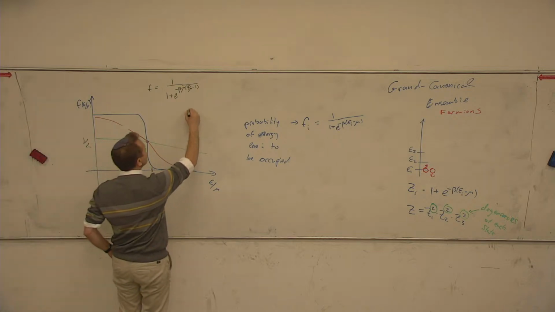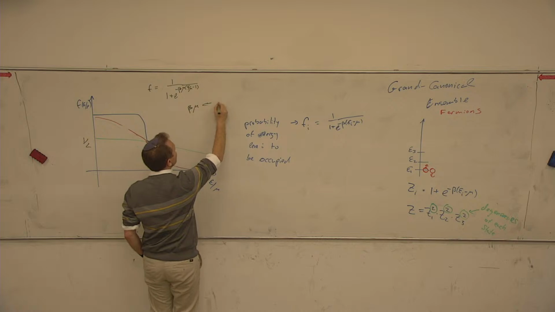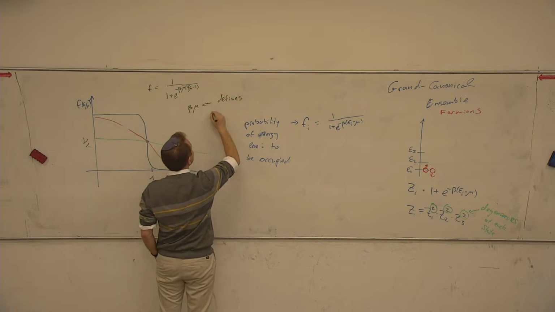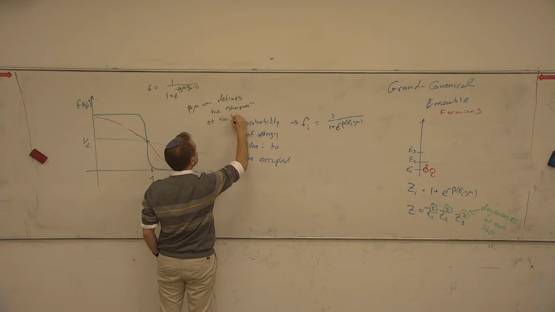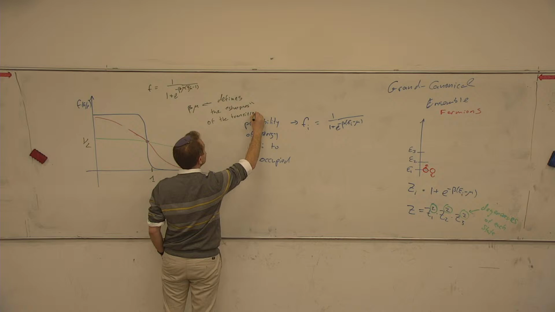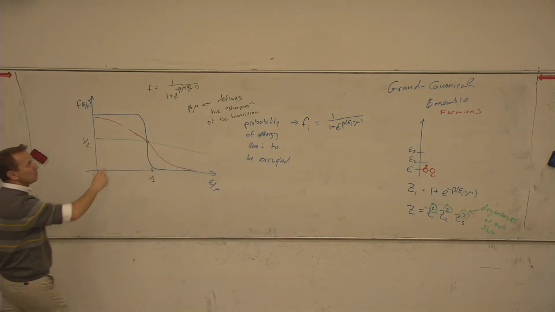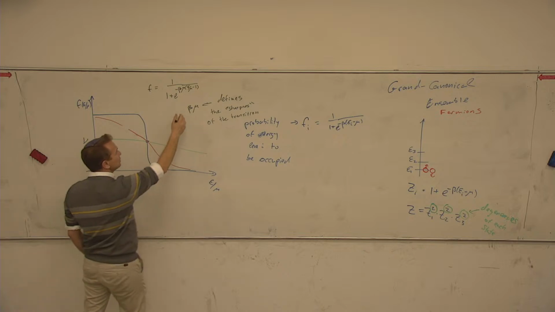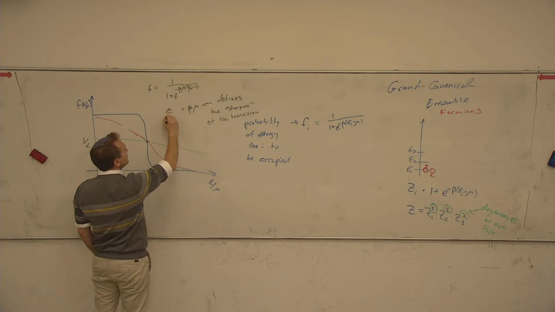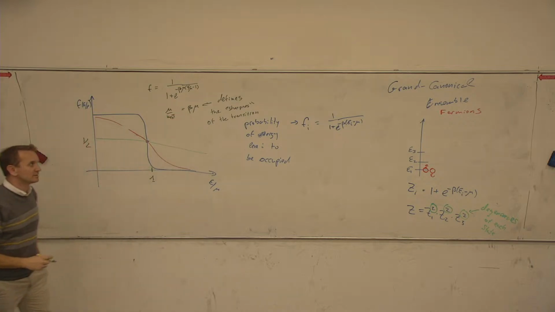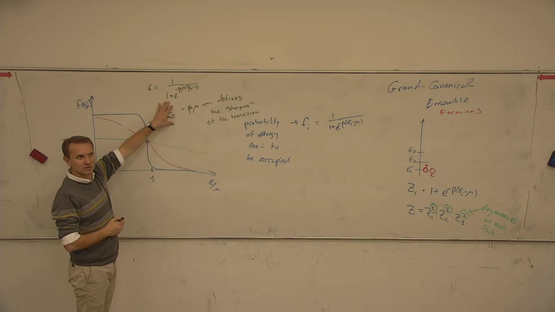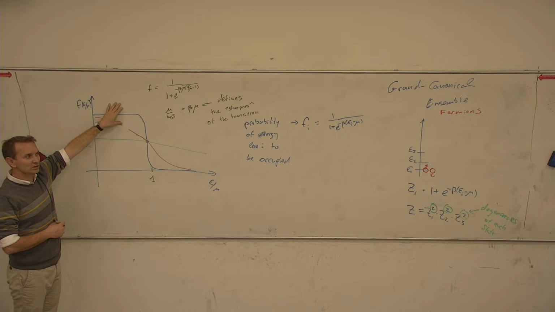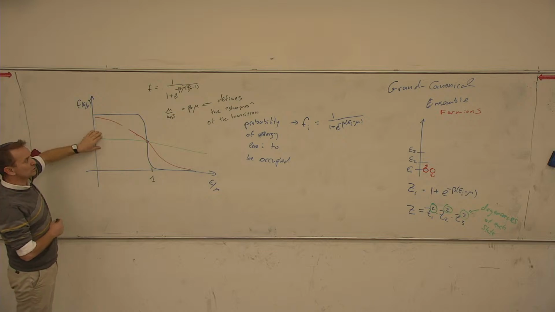But basically the parameter beta mu defines the sharpness of the transition. So if we keep mu constant, beta mu is mu divided by k Boltzmann T. The larger this parameter is, the sharper the transition is. Okay? So this appears for large beta mu, and this appears for small beta mu.